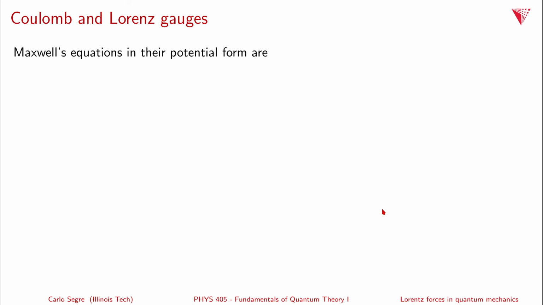Now, we've talked about these gauges, but we haven't really said anything specific about them. So Maxwell's equations in potential form are given as follows. This is from electrodynamics. ∇²V plus ∂/∂t of ∇·A equals −ρ/ε₀. V is now what I was saying was φ before.